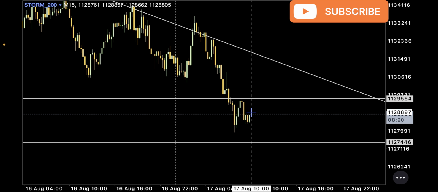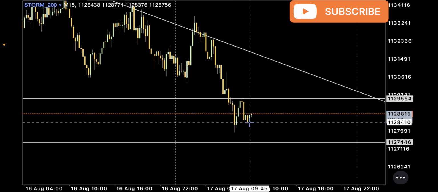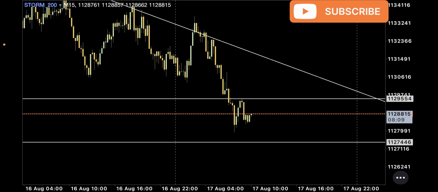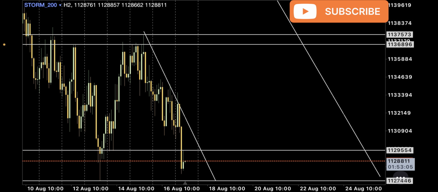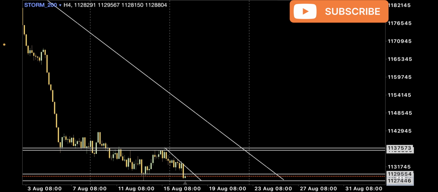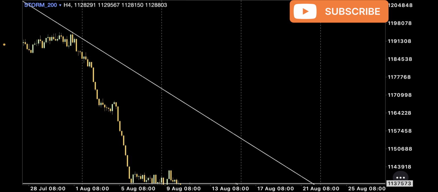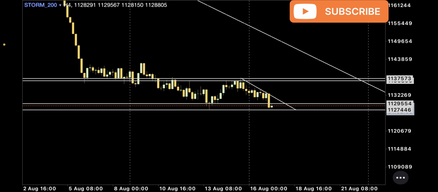So when you say you are buying to the upside, you might waste or lose money. It is better you follow the trend than go against the trend. You understand? So that is how trading is. After you've done all these things, when you come to the 4 hour, you can see that price has given us a bearish momentum candle.